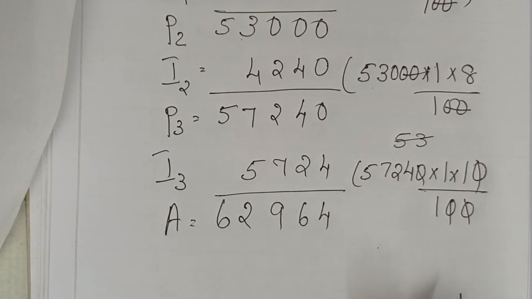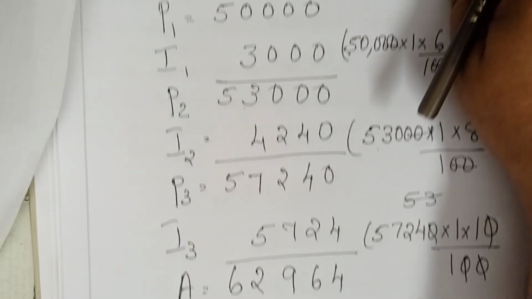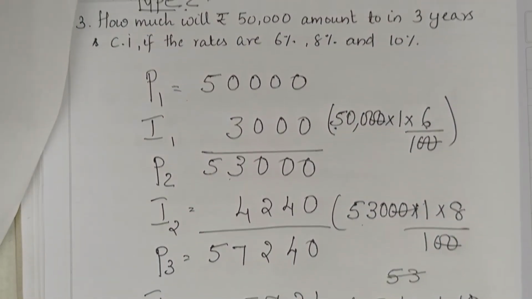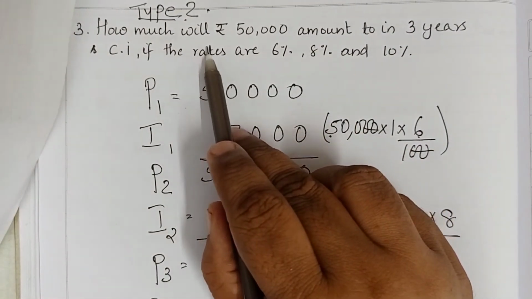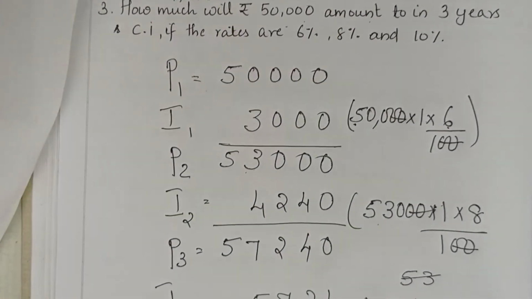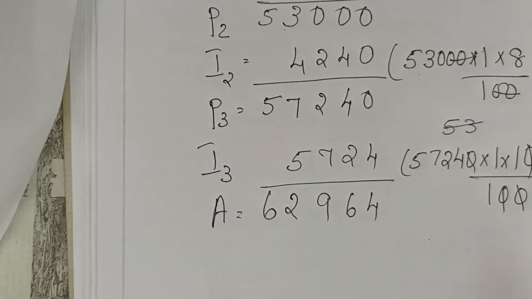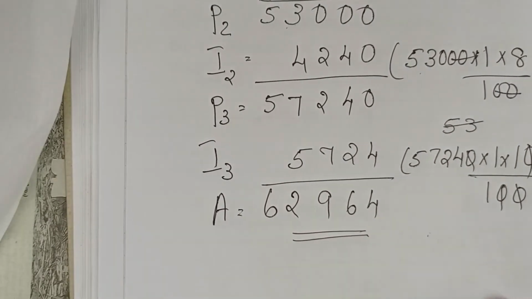How much will rupees 50,000 amount to? That is the question. Here the question is not to find the compound interest. We need only the amount. Therefore, the final answer is 62,964. Do it.